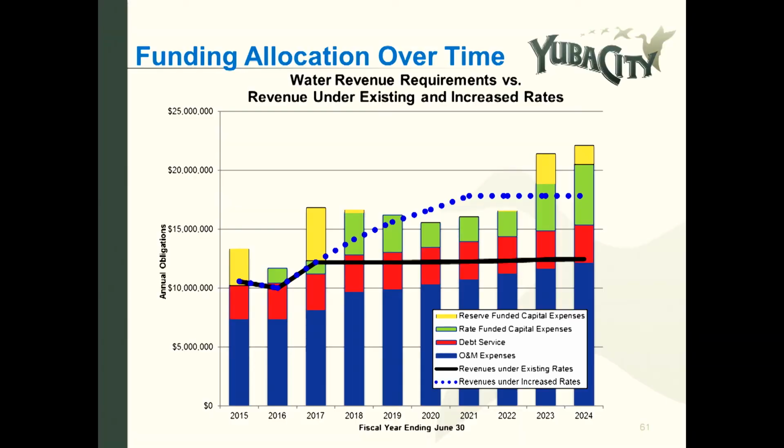So with the proposed rates that were approved by council at the last council meeting, these are what the projected revenues are. And so these will fund the operation and maintenance expenses, debt service, and then will help to fund capital projects.